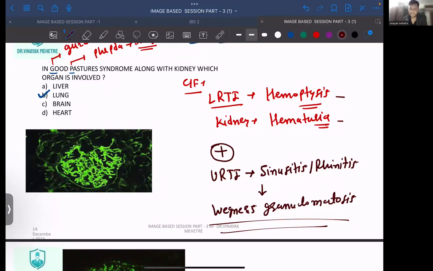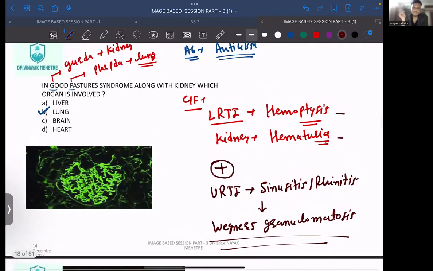Okay, answer changed. Now tell me, in Goodpasture syndrome, which RPGN happens? Yes, someone is trying to impress me. Yes, it is RPGN type 1, rapidly progressing glomerulonephritis type 1.